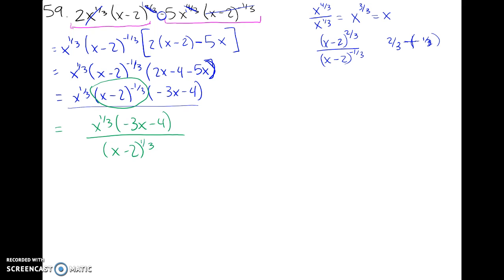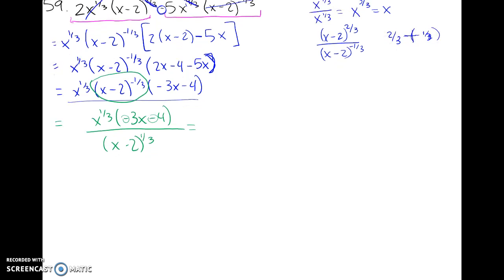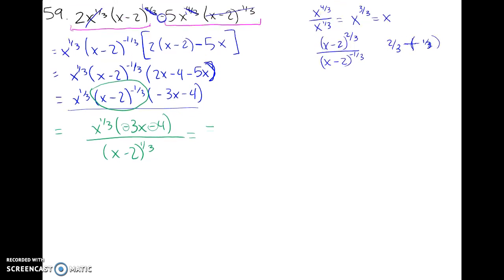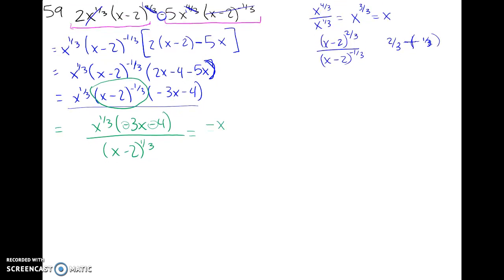So if you factor it in your calculator, you'd probably get an answer like this. It may also take out these negatives right here. So you could pull that out if you want and put the negative in the very front. Negative x to the 1/3 times 3x plus 4 over (x minus 2) to the 1/3.